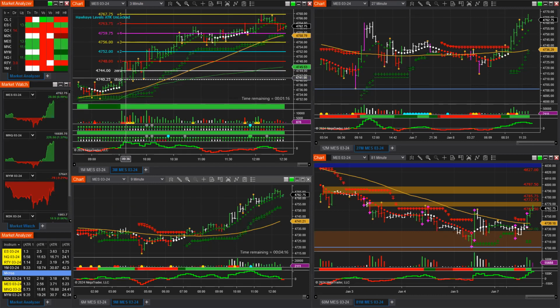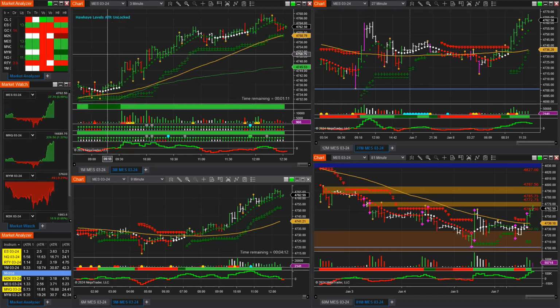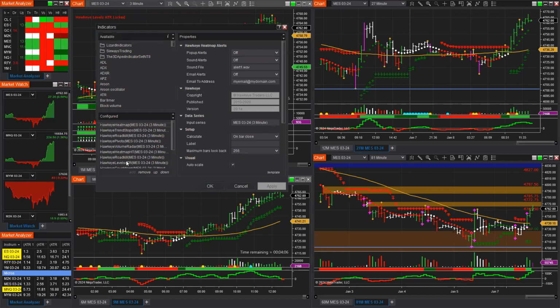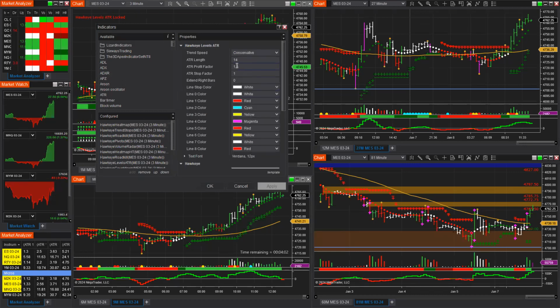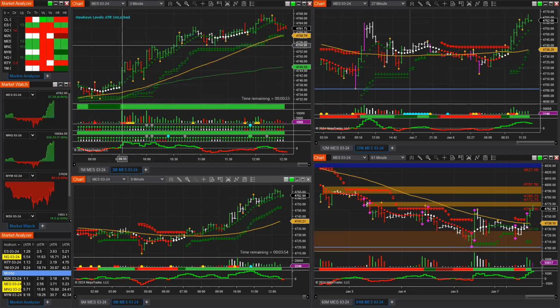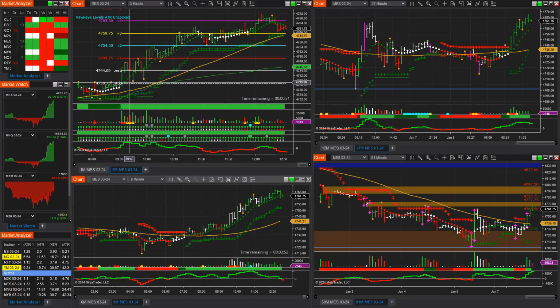I think this is just a 1.5 ATR levels. So let me look at that and see what my levels are. Yeah, it's a 1.5. So if I expanded that out to a 2, which is more in line with where we are right now, then I put that same point on, then I have a much better range.